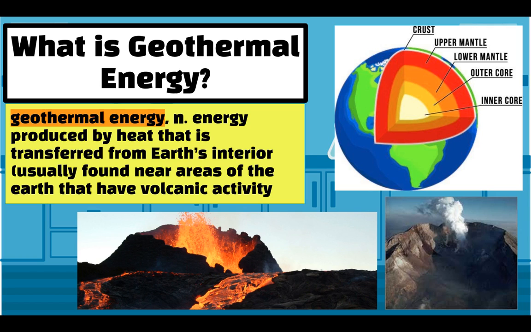requires that we go back and think about what our earth is made up of. So if you think back to your geology unit or your rock unit, you probably learned that underneath the crust of our earth, which is the continents and the ocean floor, right? The outermost layer is called the crust. And underneath that, there is something called the mantle. And that mantle is full of hot magma, right?